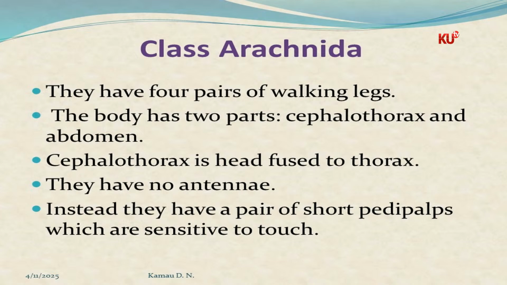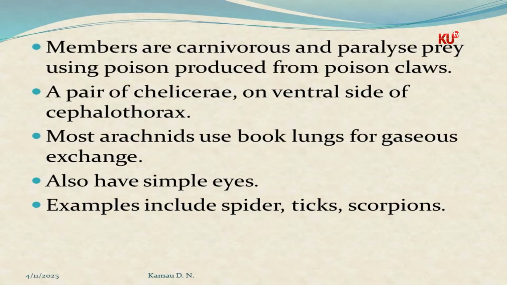We have another characteristic. When you observe a scorpion or a spider, they lack antennae. This is a basis which we consider when we are classifying animals under Phylum Arthropoda. Gaseous exchange in class Arachnida takes place through the book lungs and the tracheal system. These animals are carnivorous. Remember a scorpion?